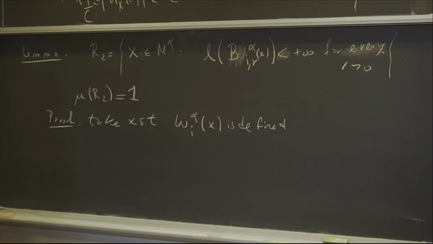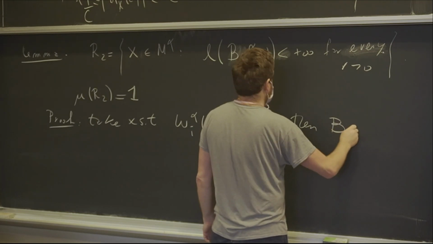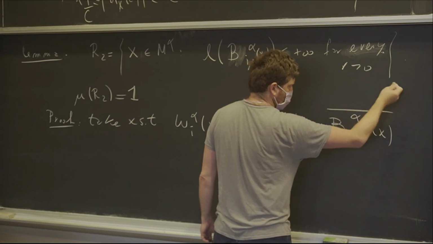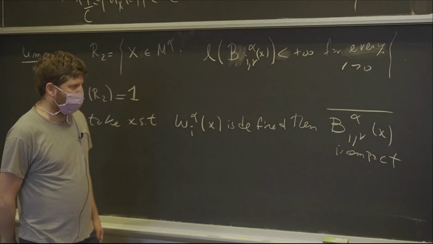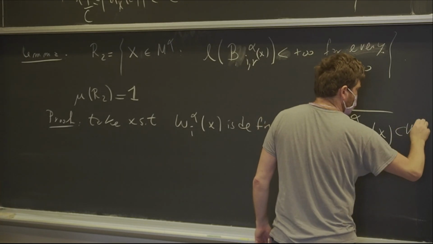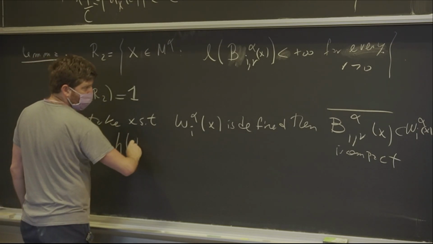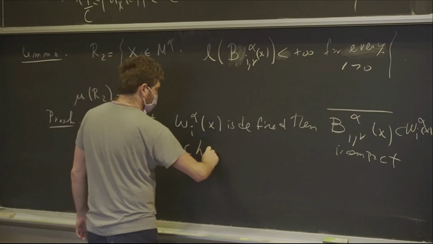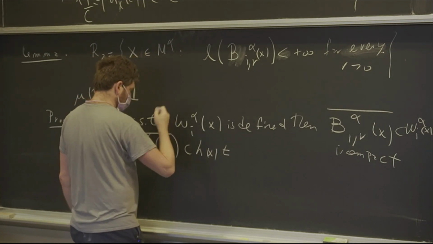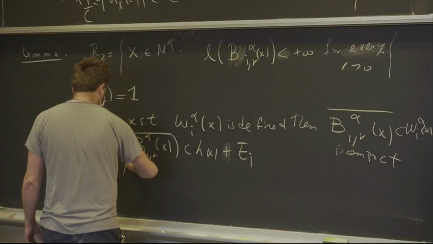So you take these points so that this is defined, then this is compact and is contained in W^i alpha of x, hence h of B^i r is contained in the closure of H_x plus E^i and is compact.